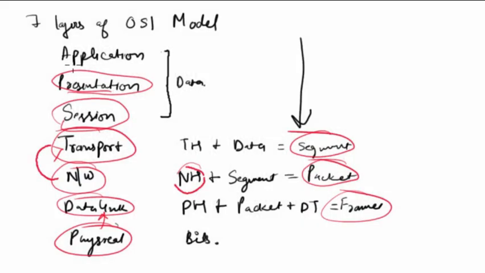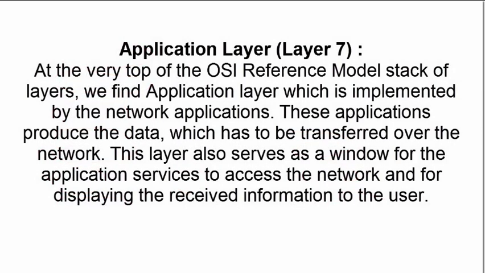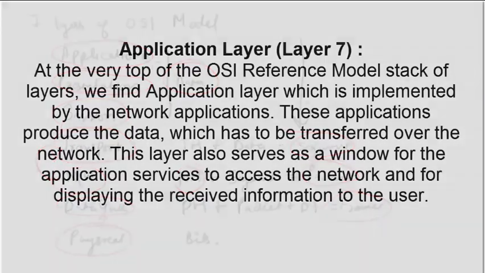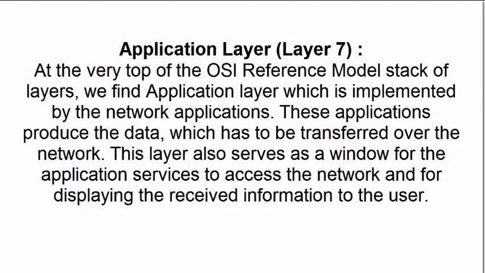Now we should move on to the last layer, which is the application layer. At the very top of the OSI reference model stack of layers, we find the application layer, which is implemented by the network applications. These applications produce the data which has to be transferred over the network.